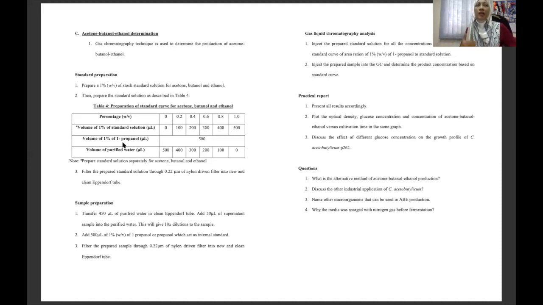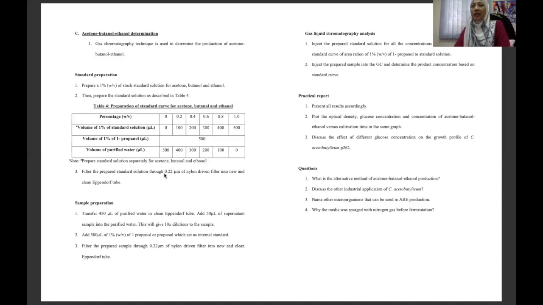Otherwise, if you only have one spectrum, you need to repeat the sample preparation or repeat the experiment.